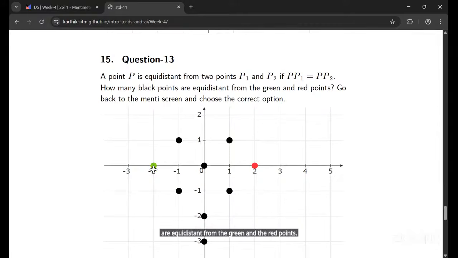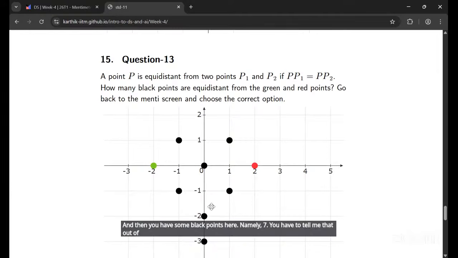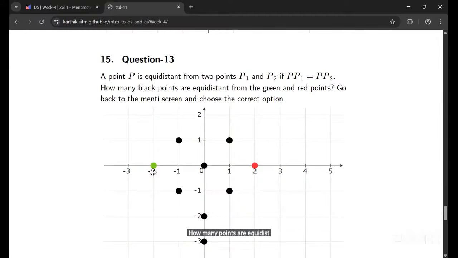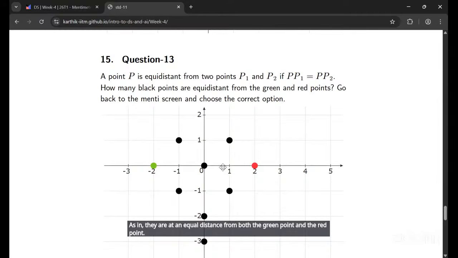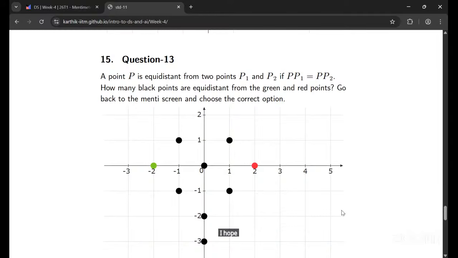You have a green point and a red point, and then you have 7 black points. Out of these 7 black points, how many are equidistant from green and red, as in they are at an equal distance from both the green point and the red point. I hope everyone understands the question.